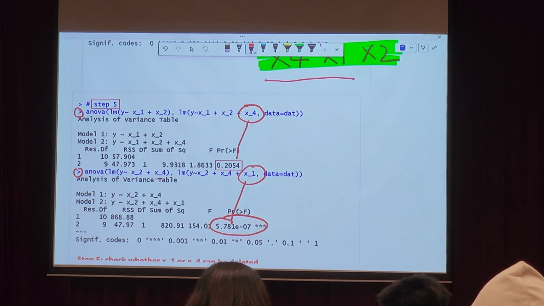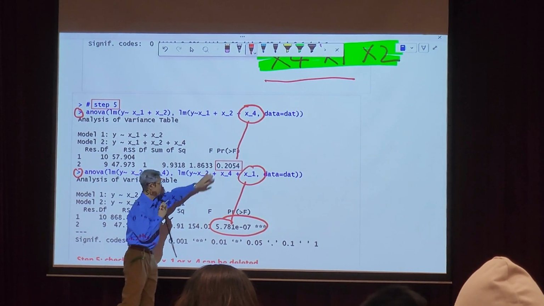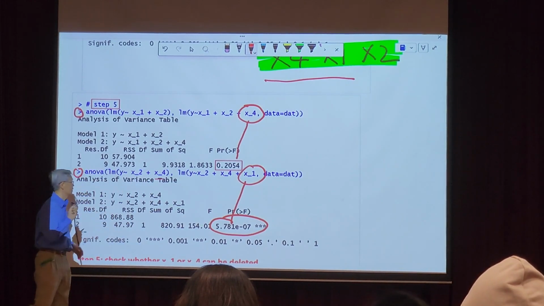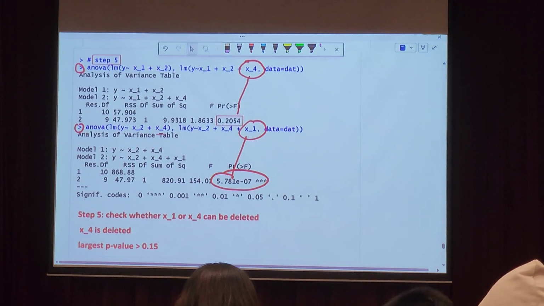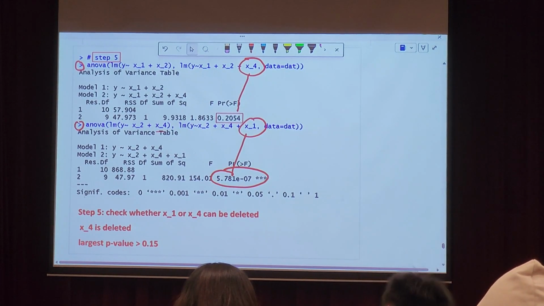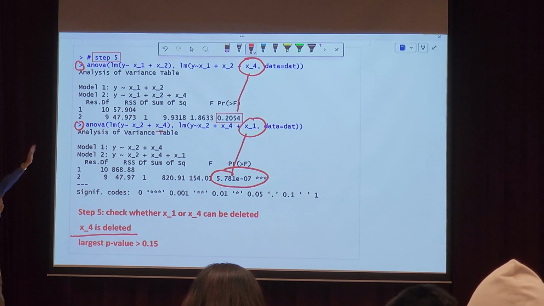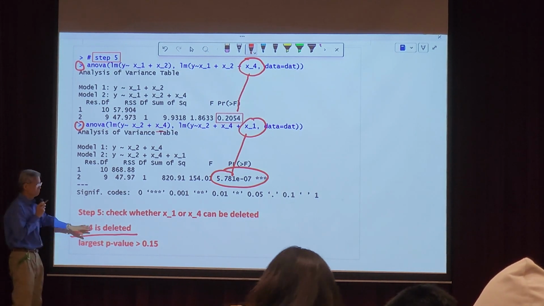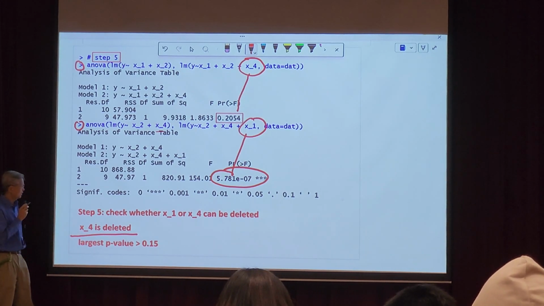So can I kick out any one of them? Anyone that has a p-value greater than 0.15 will be kicked out. So in this case, I am going to remove x4, because x4 is now not significant if I look at x1 and x2. So with x1 and x2, hey, the old one, x4, we don't need anymore.